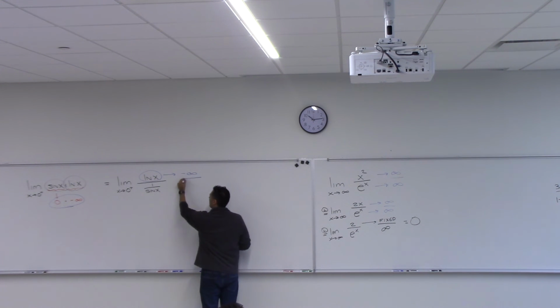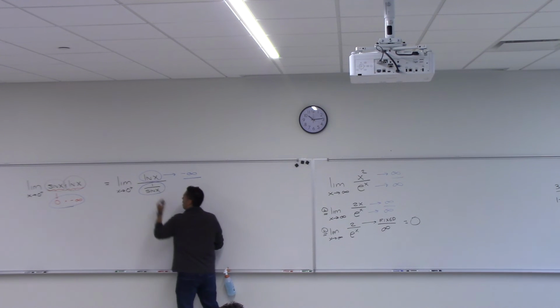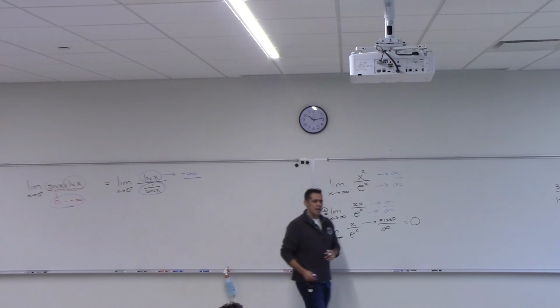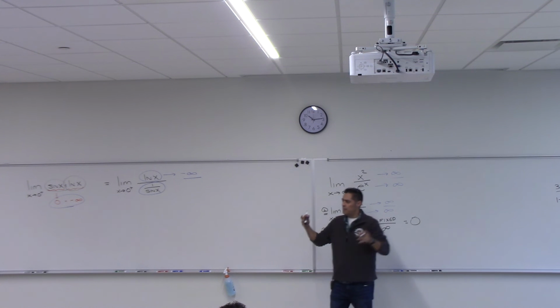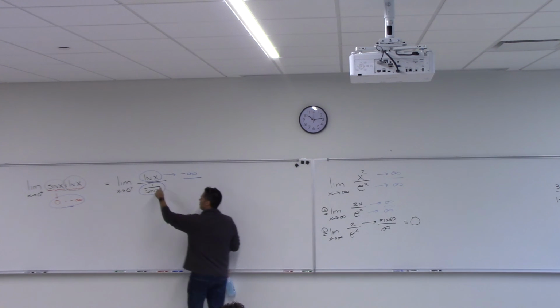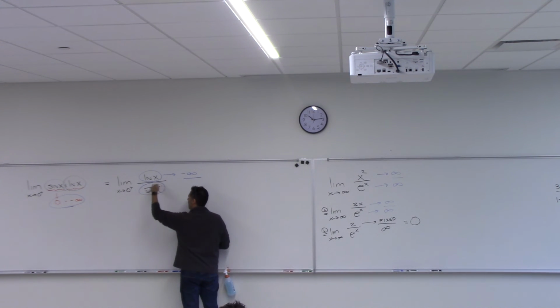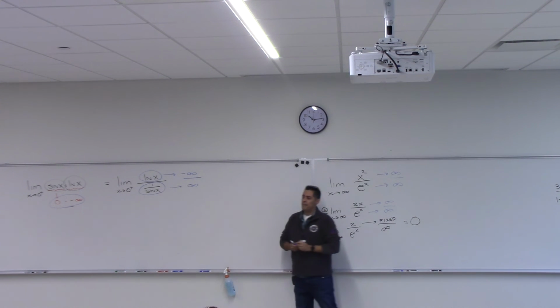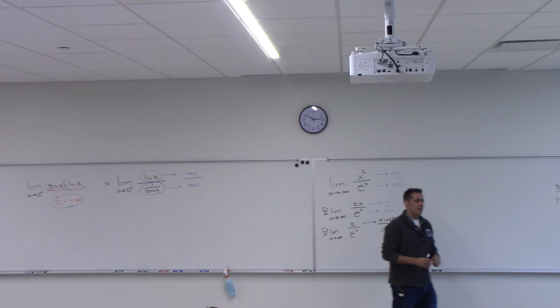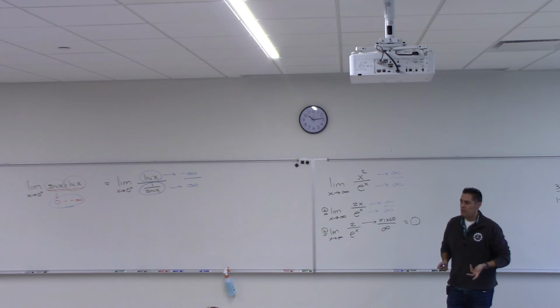But on the bottom, I have 1 over sine now. If x goes to 0, sine goes to 0, so you get 1 over 0, and that is going to become infinitely big. So the whole thing becomes infinitely big. And now what do I have? Infinity over infinity. And so now I can use L'Hopital's rule.